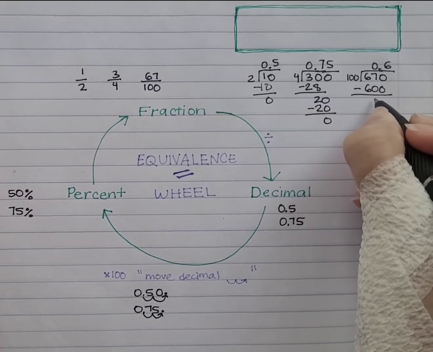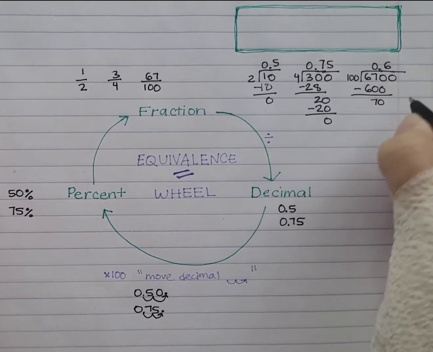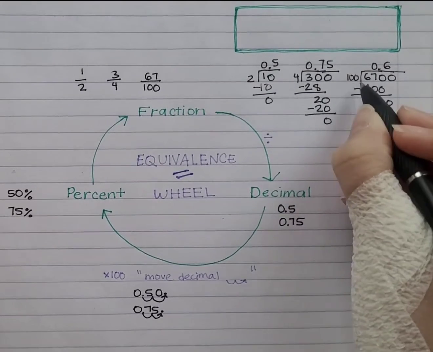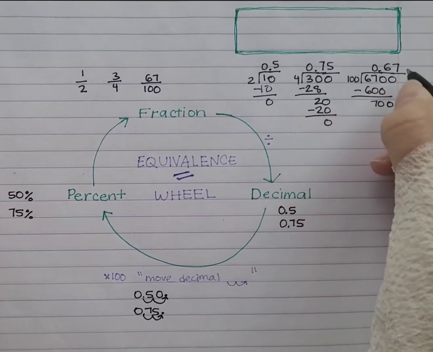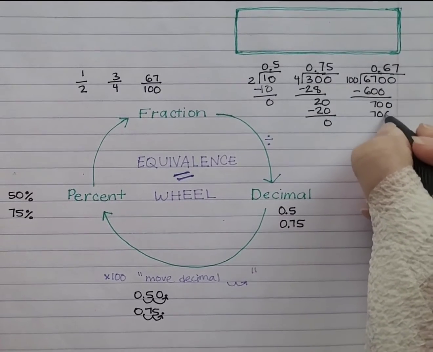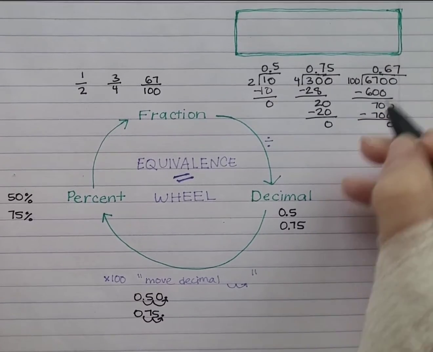And we have a remainder of 70. We need to add on another 0, and 100 goes into 700 7 times. 7 times 100 is 700.